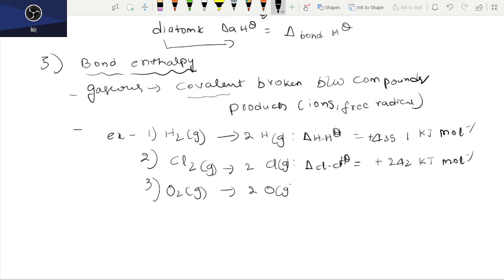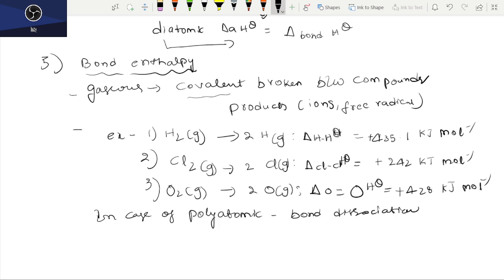In case of polyatomic molecules, bond dissociation enthalpy is different. Bond dissociation is completely different. In such cases, bond enthalpy is taken as a mean of all the bonds of the same type.